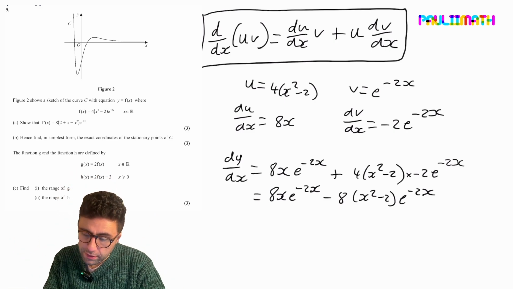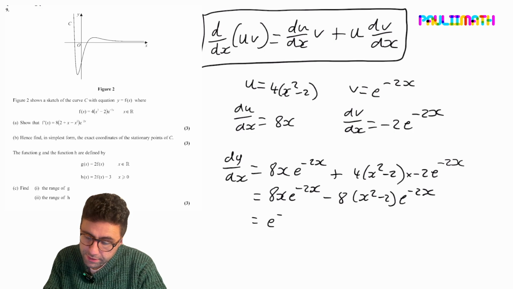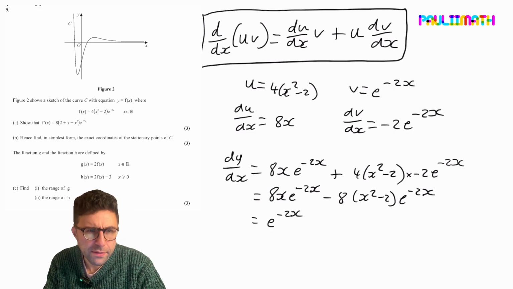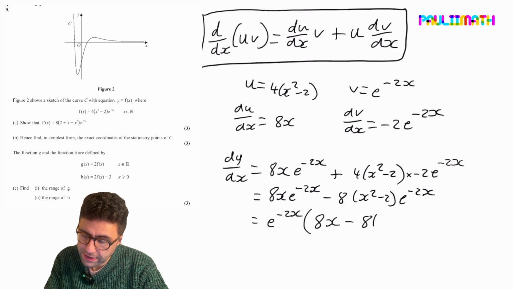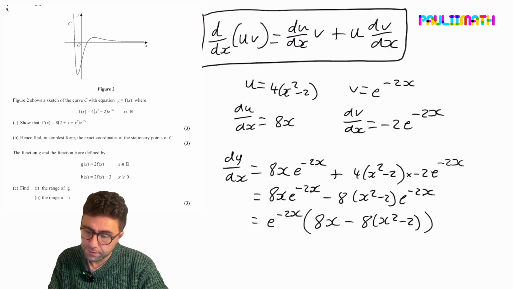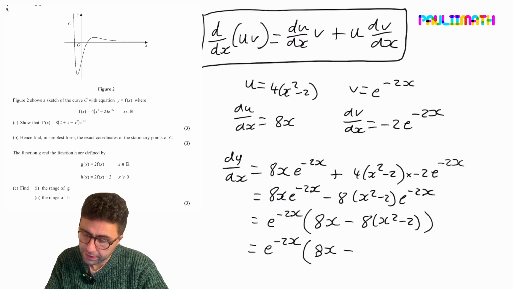Here, e to the minus 2x. If we do it, we're left with 8x minus 8 times x squared minus 2. Following which, 8x minus 8x squared plus 16.